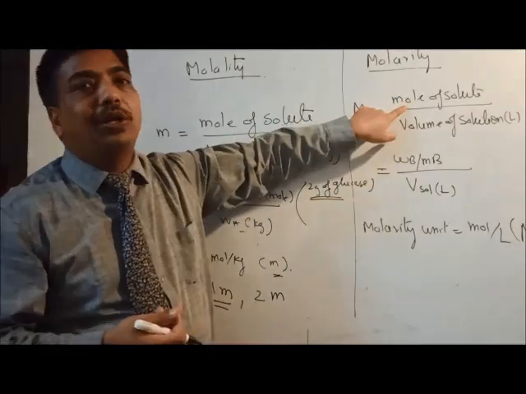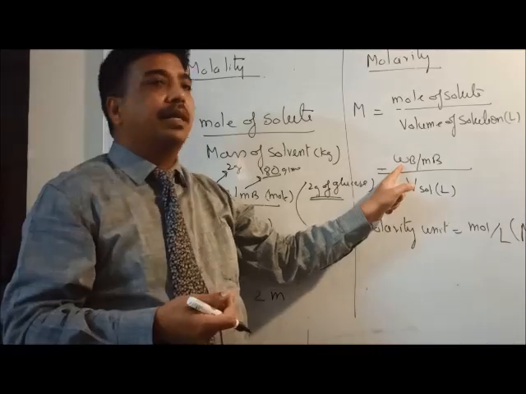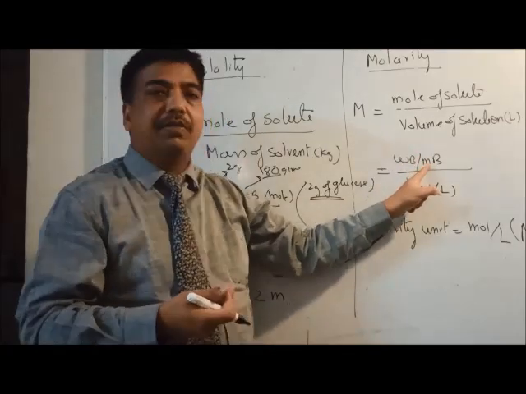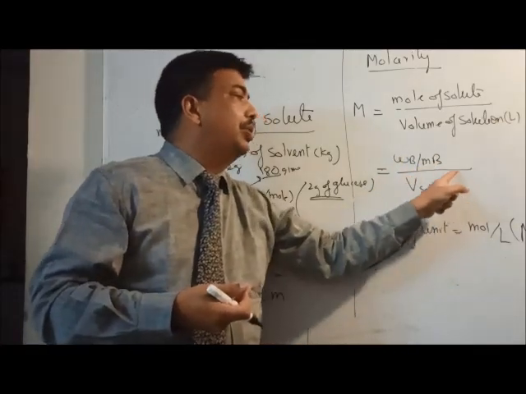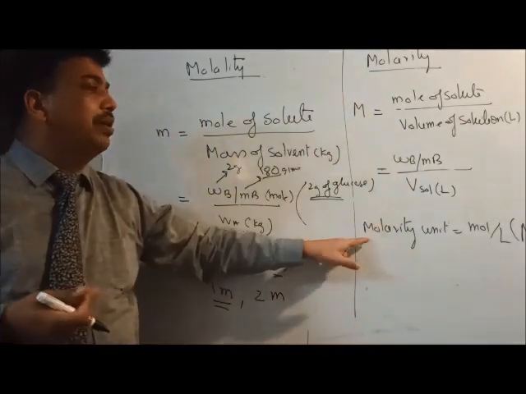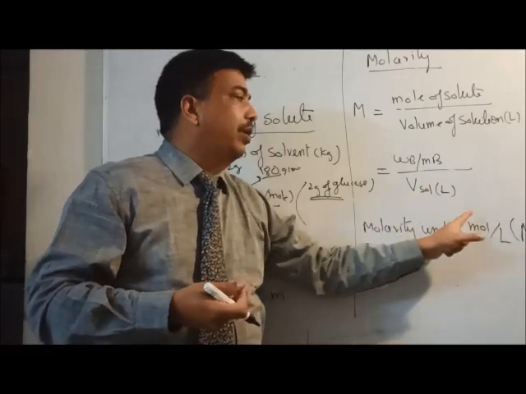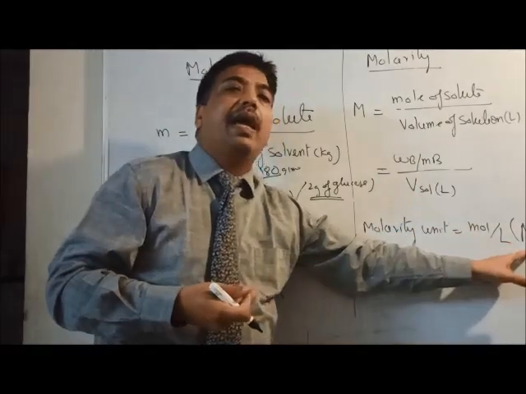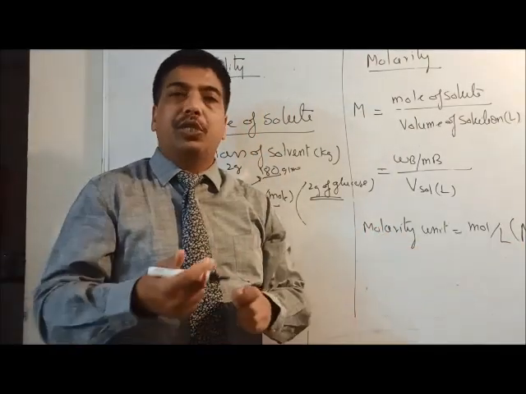Mole of any solute, as you know, can be calculated as mass in gram of that solute, WB, divided by molar mass of that solute, MB, divided by volume of solution in liter, and that will be the molarity. The unit of molarity is mole of solute divided by volume in liter. So mole per liter, or capital M, is the method by which molarity of any solution is expressed.